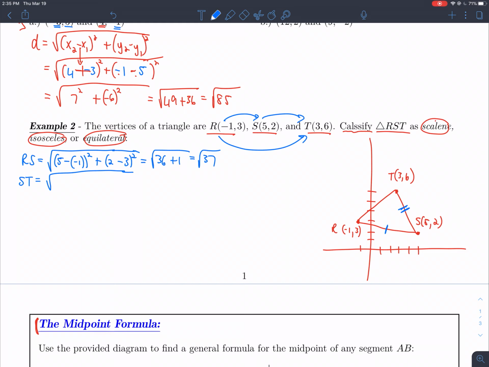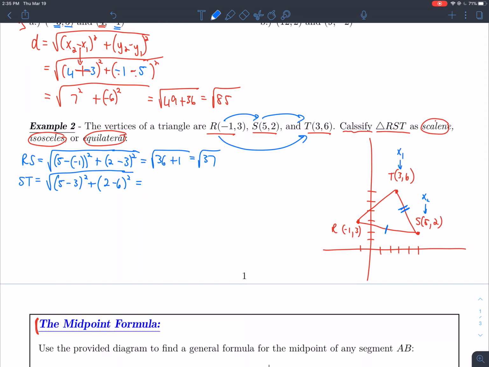and in this case, I'm going to say again, this x1 is smaller and this x2 is bigger. So I'm going to call that x1, x2, and y1, y2. Okay, so I'm going to do 5 minus 3 squared plus 2 minus 6 squared.